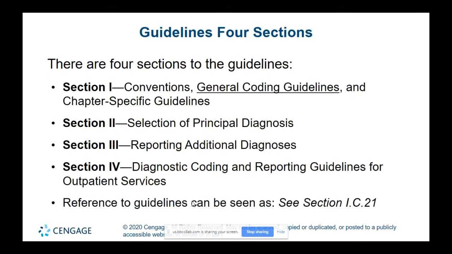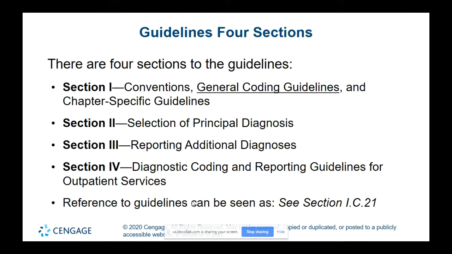We've reviewed some of the guidelines. We went over the coding conventions, and the basic coding rules were all in section 1 of the guidelines. As I mentioned, the PDF file for the guidelines is available under your resource tab on Blackboard. It's about 120 pages and it includes all 4 sections.